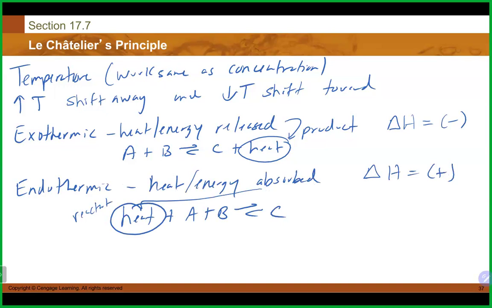So if you have an exothermic reaction and you increase the temperature, it will shift to the reactant side. If you decrease the temperature, put everybody on ice, it will go to the product side. And vice versa for endothermic. If you increase the temperature of an endothermic reaction, it will shift to the right, or the product side, and if you decrease it, it will come to the reactant side on the left.